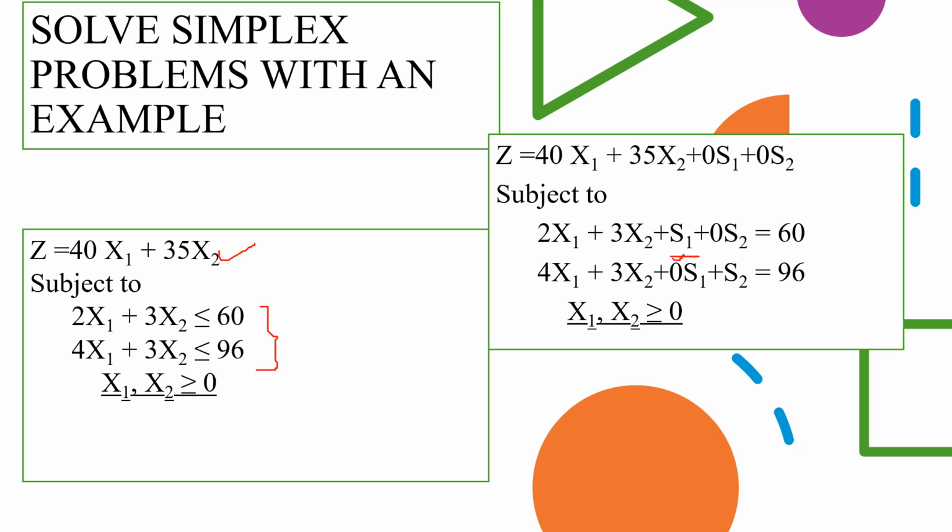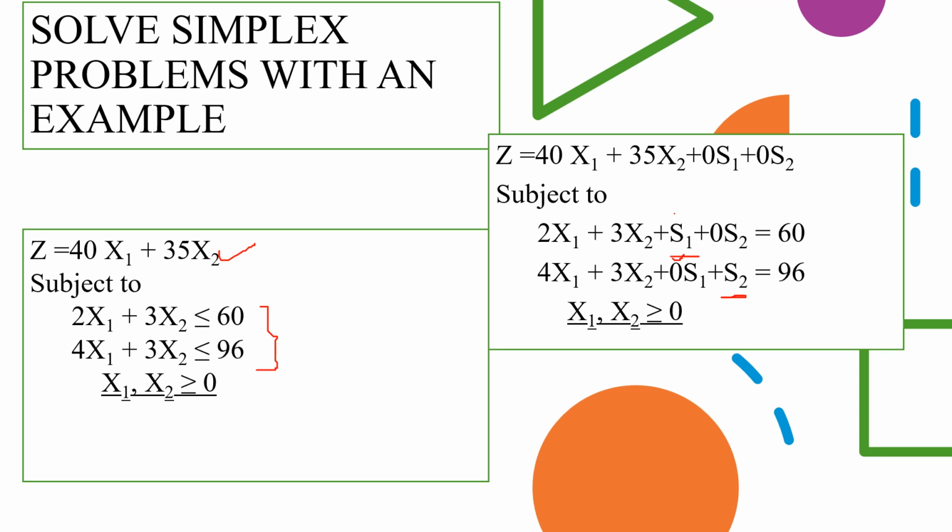So in the first constraint I added slack variable s1, and in the second constraint I added slack variable s2. 60 and 96 are the overall raw materials and overall labor content that is in your organization.